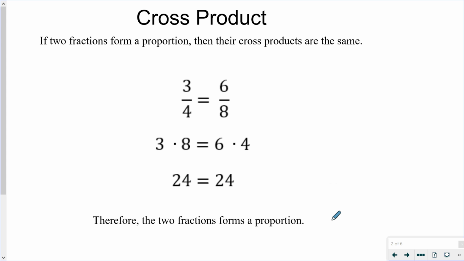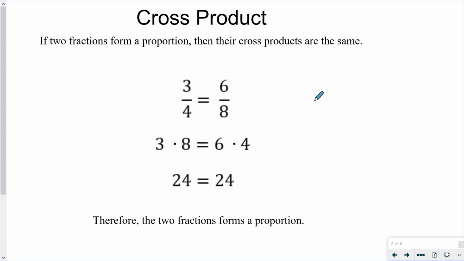Now, the first method to solving a proportion is cross products. If two fractions form a proportion, then their cross products are the same or equal. So notice we have the two fractions 3/4 and 6/8 set equal to each other. And we want to figure out if they really are. So we do what is known as the cross product.